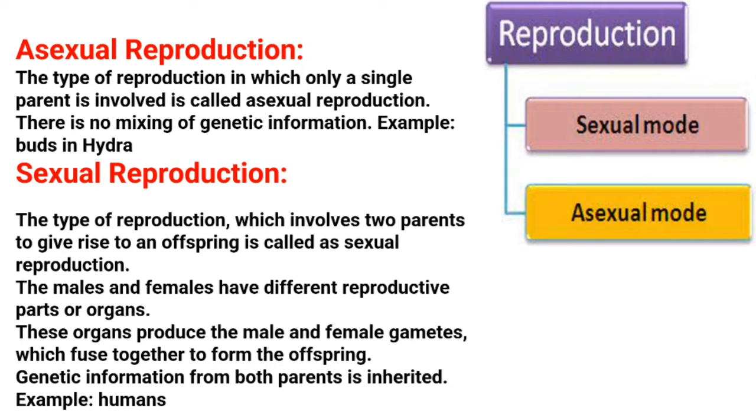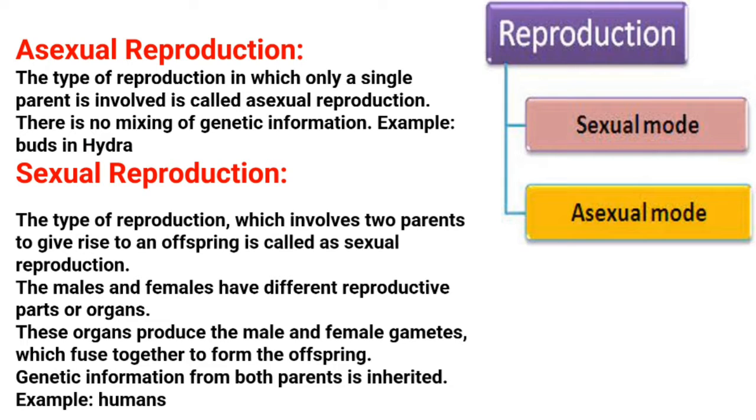Sexual reproduction. The type of reproduction which involves two parents to give rise to an offspring is called sexual reproduction. The males and females have different reproductive parts or organs. These organs produce the male and female gametes, which fuse together to form the offspring. Genetic information from both parents is inherited.